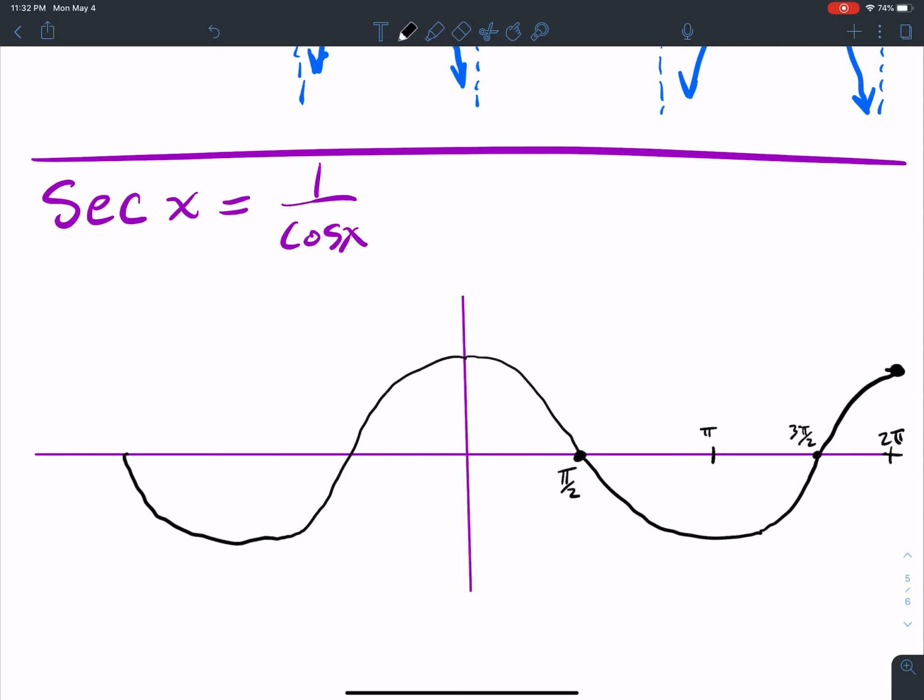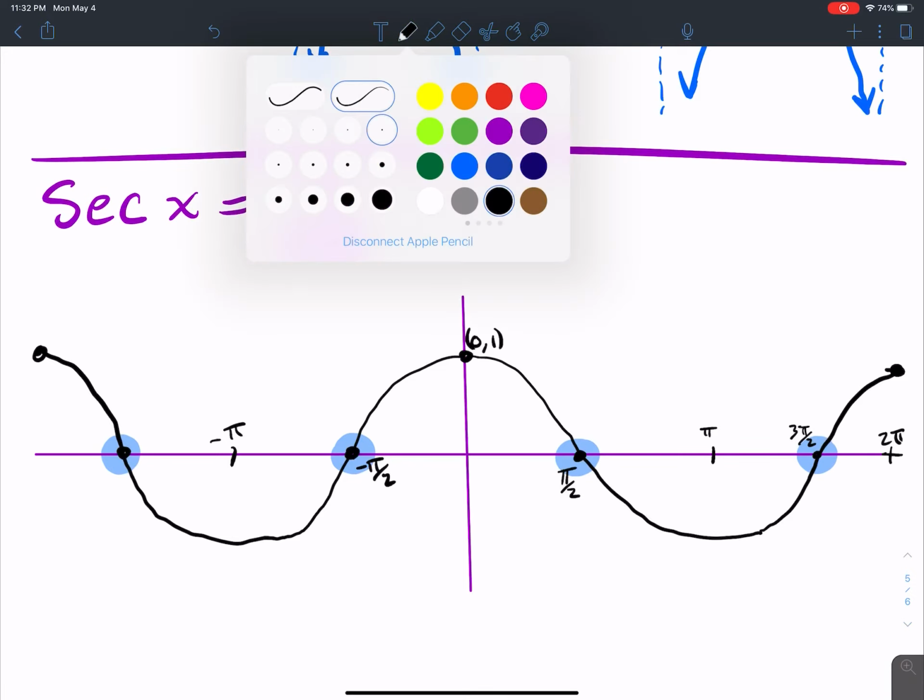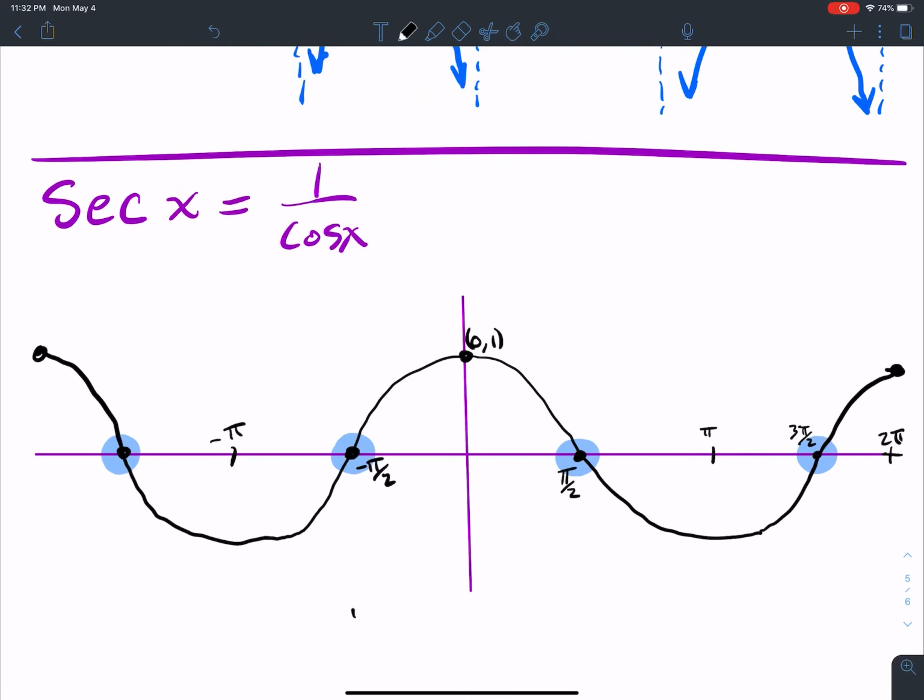So that's 0, 1 here, negative pi over 2, and then negative pi, and so on. So what do we know? Once again, we've got vertical asymptotes where cosine is 0. So I'm going to go ahead and draw in those vertical asymptotes. Why not?